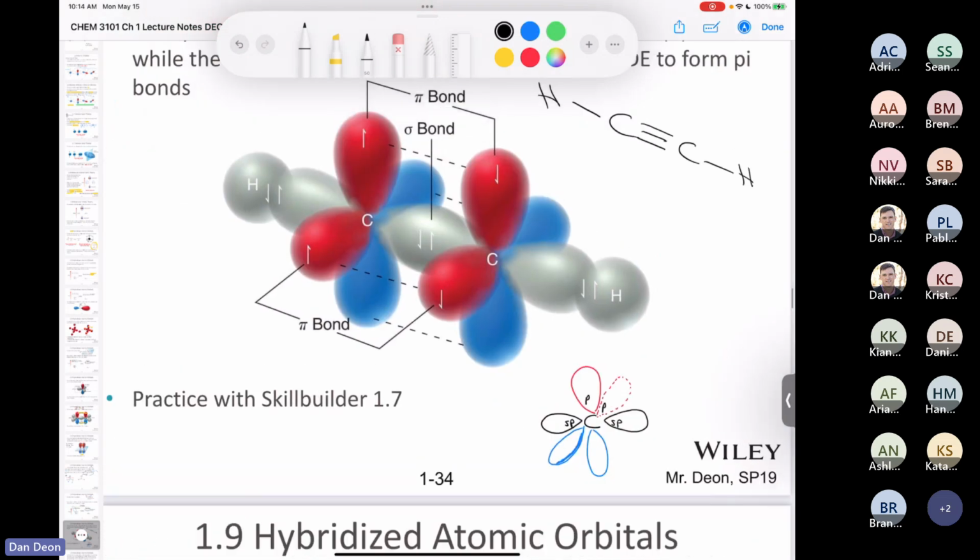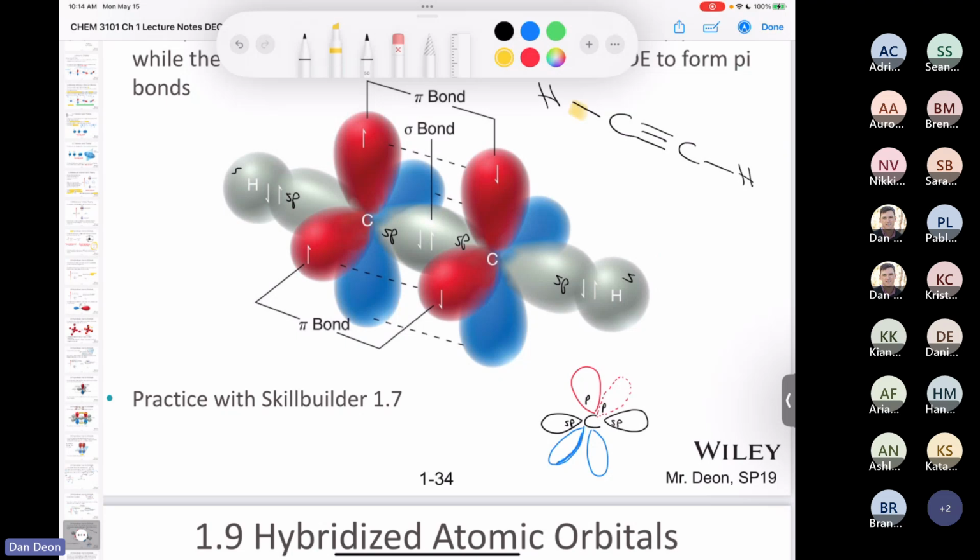So what I've drawn there is kind of like this part. So you take the 2 carbons, you put them together, you connect the 2 sp hybridized orbitals. So this is an sp, this is an sp. You make a sigma bond. This sp overlaps with the s on the hydrogen to make the other sigma bond.